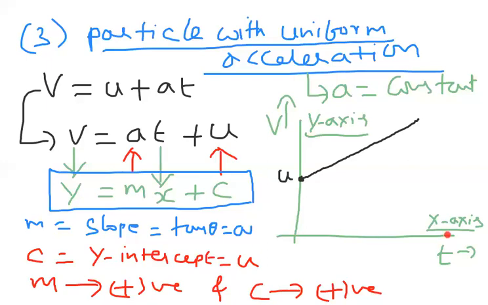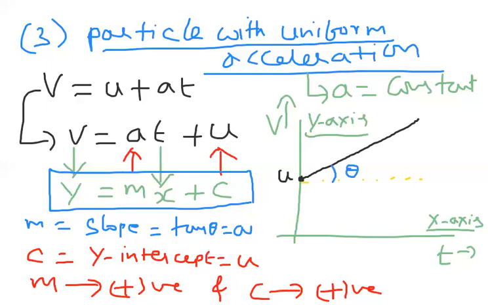As the x-axis value increases, the y-axis value is also increasing. This is the y-axis, this is the x-axis. Y value means velocity, and velocity is increasing with respect to the x-axis.